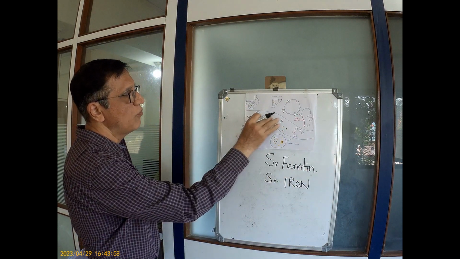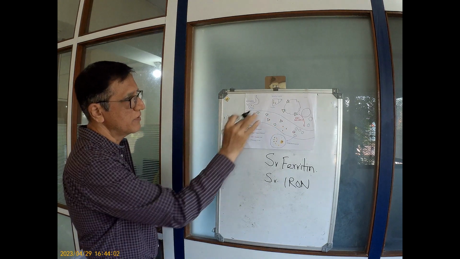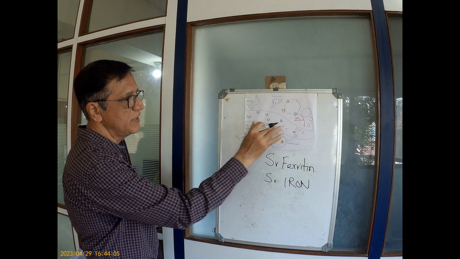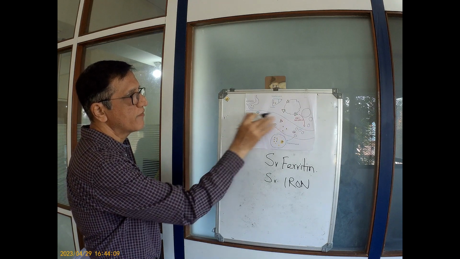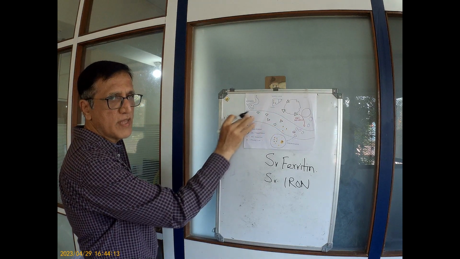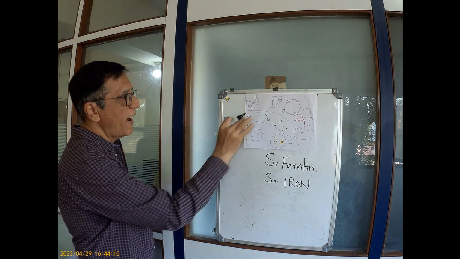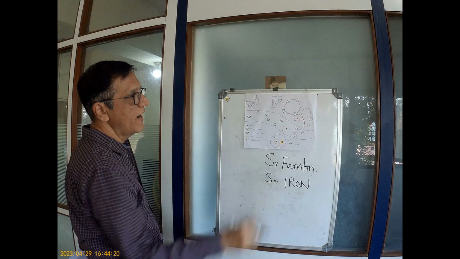Some of the transferrin molecules are all empty, they don't have any iron molecules. So this iron is being lost. More transferrin molecules will be without iron and fewer with iron bound. So the level of iron starts going down.